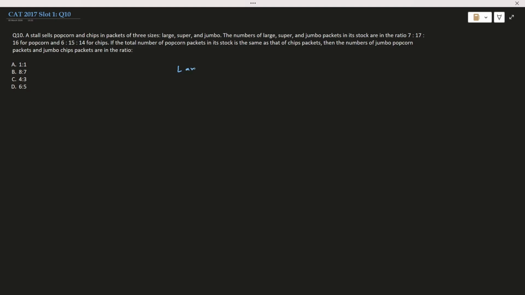So let's say I have large, super, jumbo, and I have popcorn and chips. So what is the ratio for popcorn? 7, 17, 16. Let me denote them with x. For chips it is 6y, 15y, and 14y.